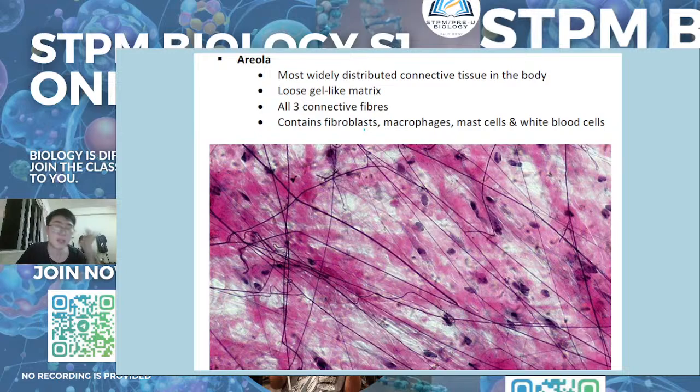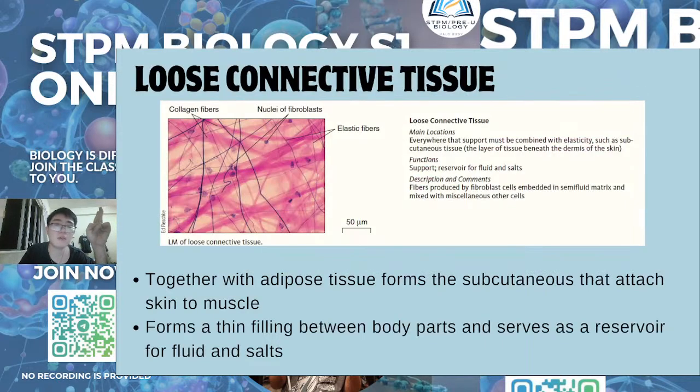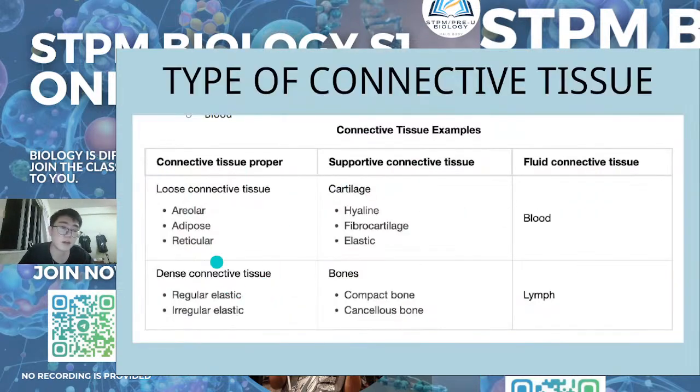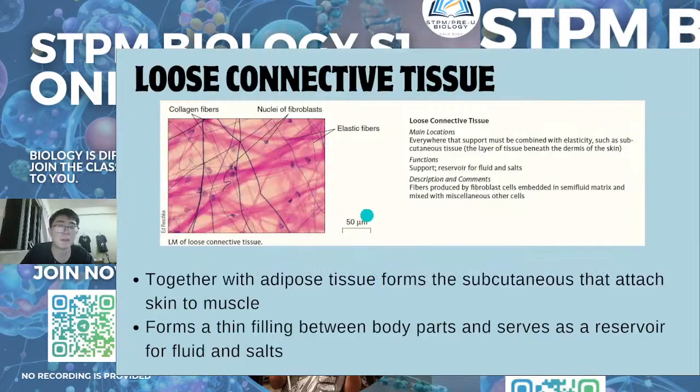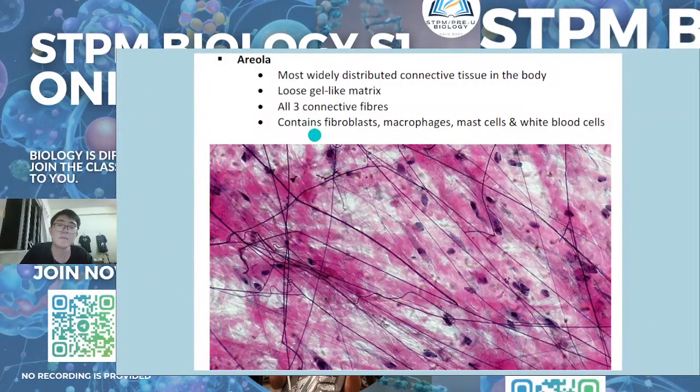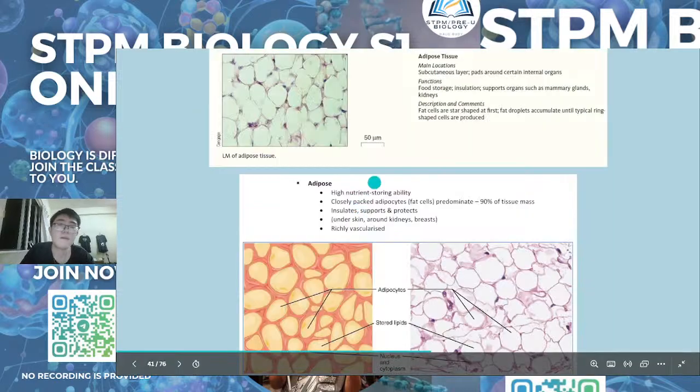So tadi yang saya cakap lah, collagen fiber, elastic fiber, and another one is reticular fiber. So yang ni tiga fiber ni memang ada punya. And also it contains cells like fibroblast, macrophage, mast cells, and also white blood cell there.